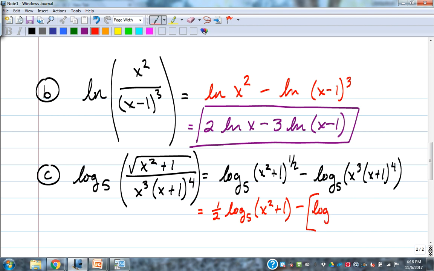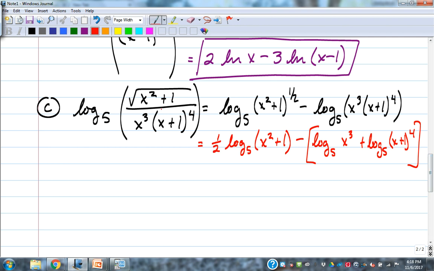as log base 5 of x cubed plus log base 5 of x plus 1 to the 4th, in brackets or parentheses there. I'm using brackets, parentheses would have worked as well. But it's a subtraction of all of that.